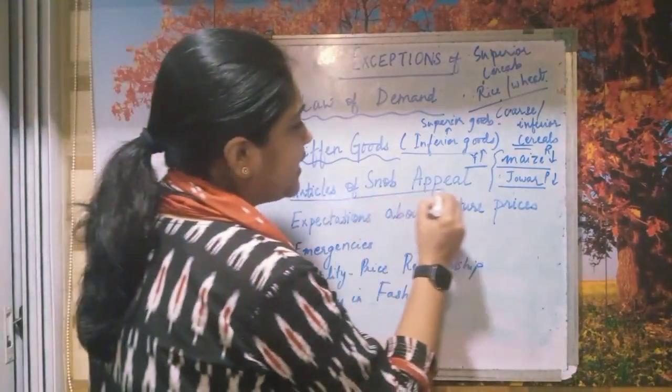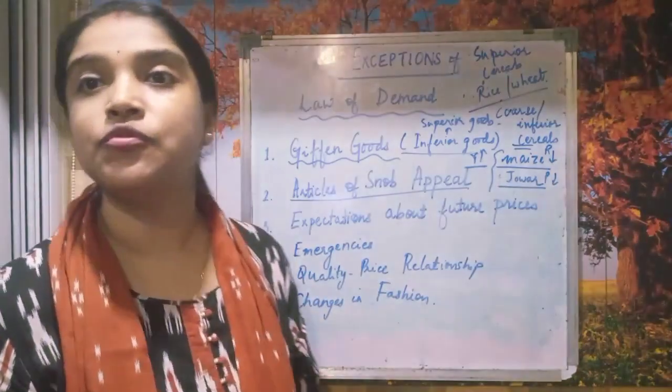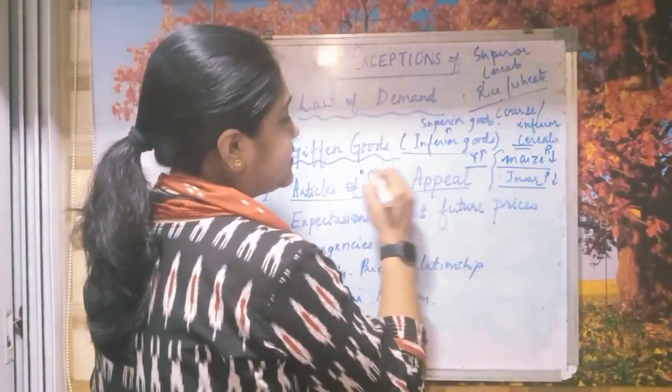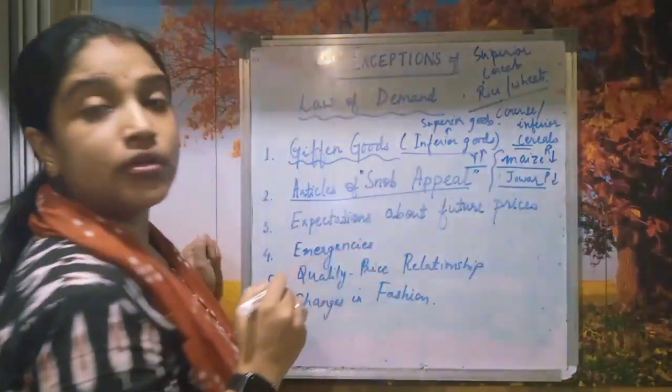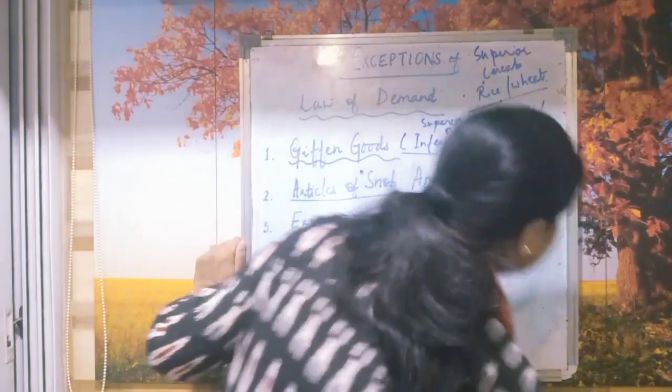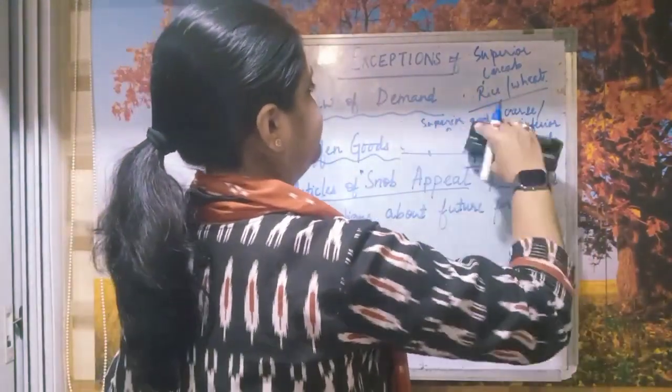Then we come to the next point, that is articles of snob appeal. These are also called status goods.